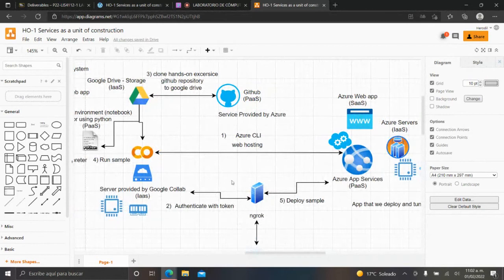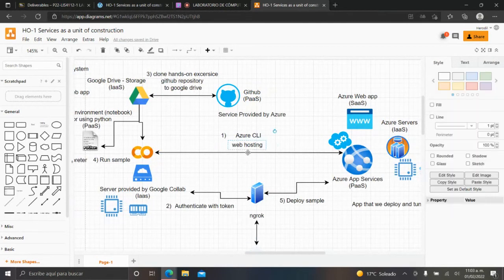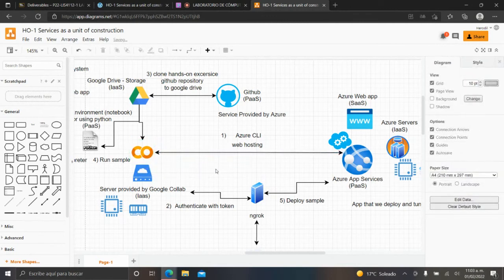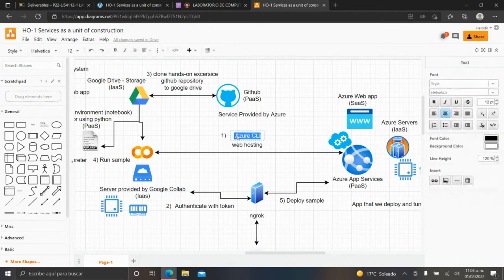Okay, so we need an arrow, that back and forth arrow, that says that we installed a CLA in the server that was running for us. That's what we did. Once we have this, we have this terminal environment that we could use in order to access the server that was allocated for us by Google Cloud.